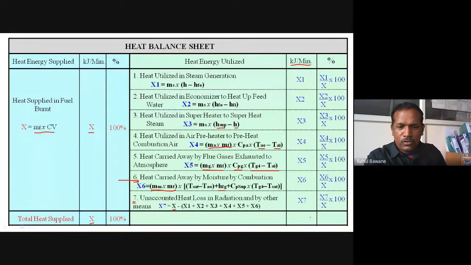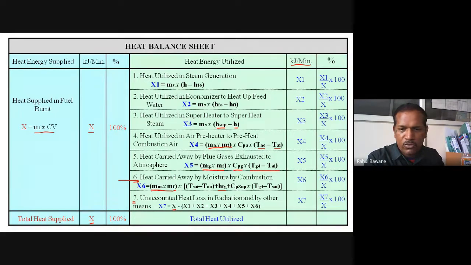So don't show that there is some lacuna, some heat which is not considered. It is a balance sheet, so the last row must be perfectly balanced. So whatever your addition is, don't do the addition, directly mention that total heat supplied X is 100%.